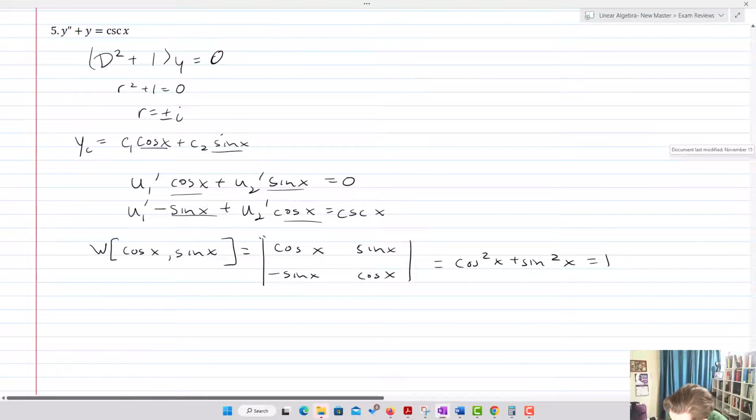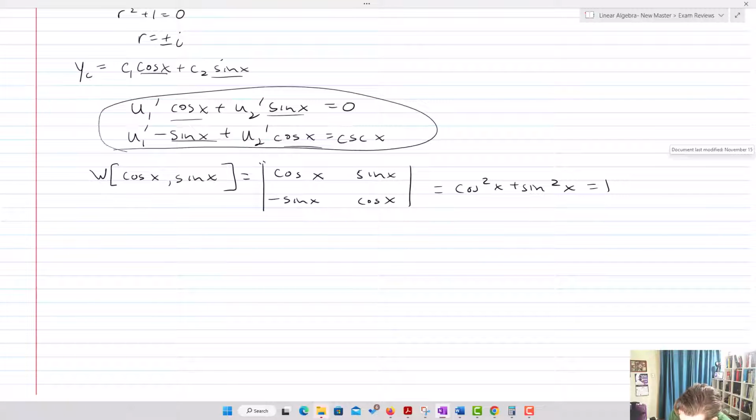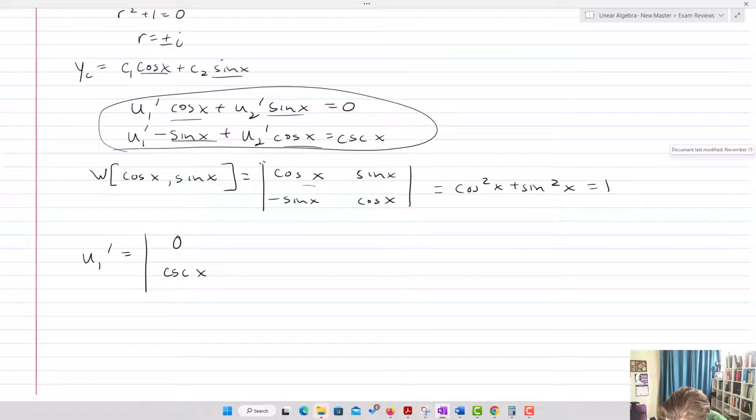Now, what we'll do is use Cramer's rule in order to solve this particular system. So remember in Cramer's, u1 prime is going to end up equaling the determinant of 0 cosecant x, and then sine x cosine x, because we're going to replace the first column with 0 cosecant x, these two values, and the second column with sine x cosine x.